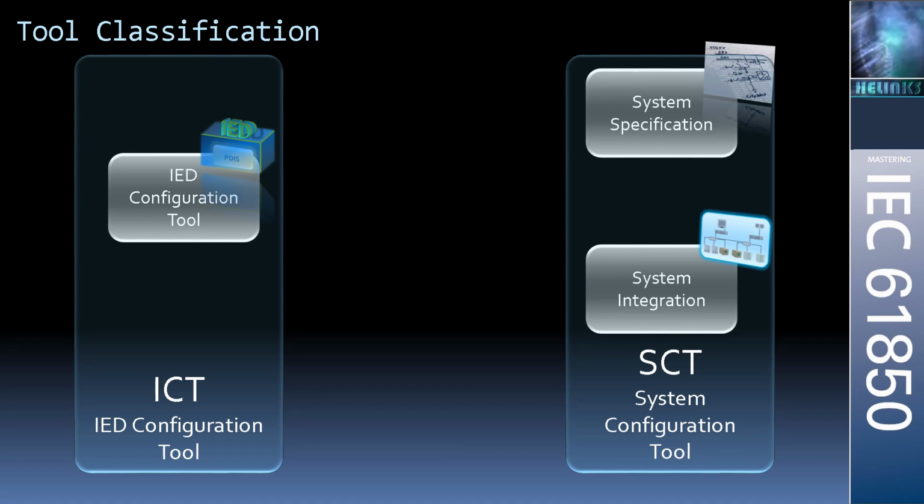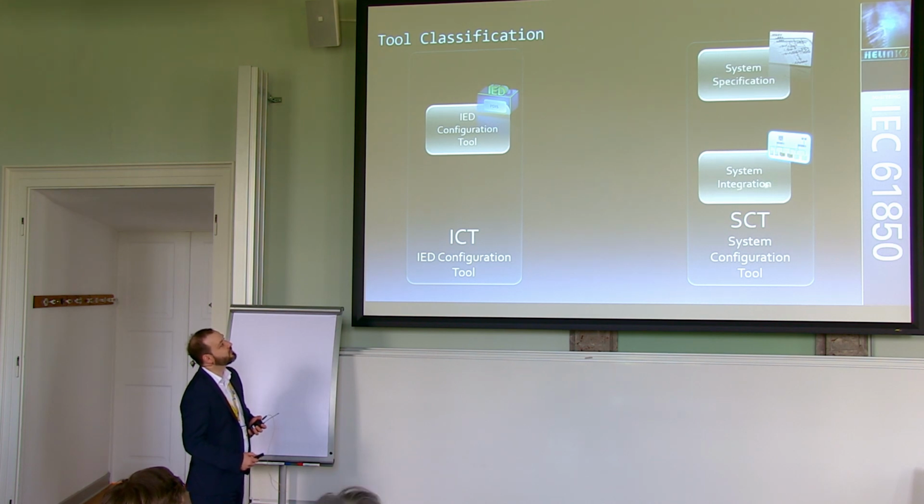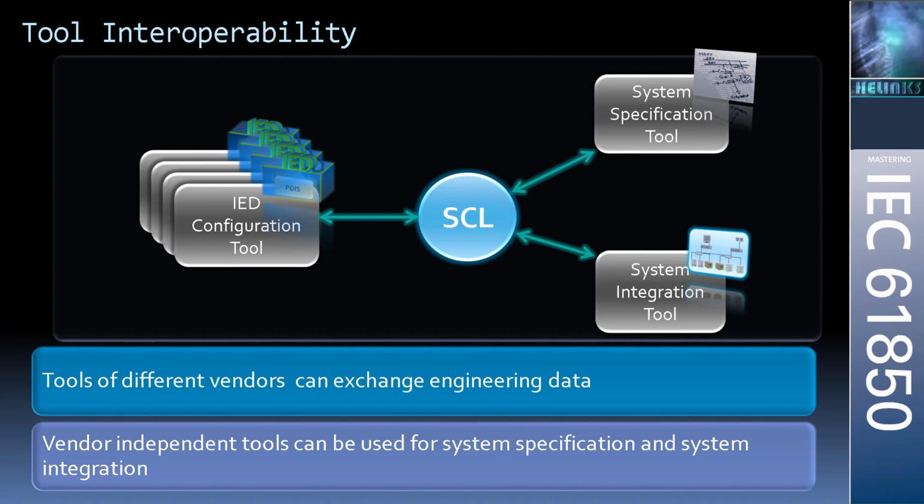Most of the time, complete systems means systems with devices from the same vendor. The system configuration tools, which can be further split into specification tools and integration tools, are referred to as the SCTs in this talk. SCL can be used as the output and input of each and every one of those tools, in theory and by now also in practice.